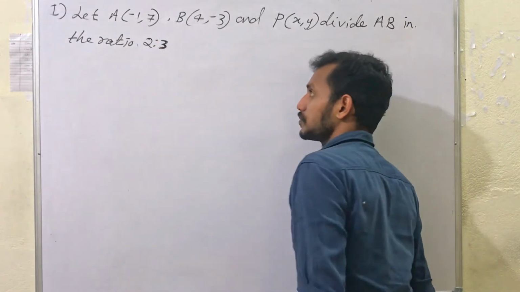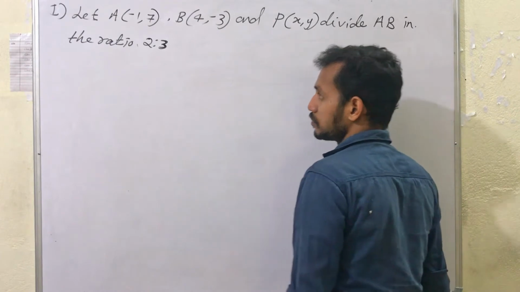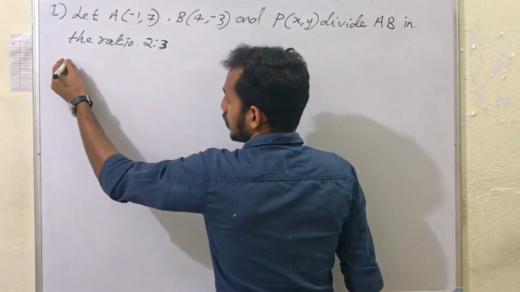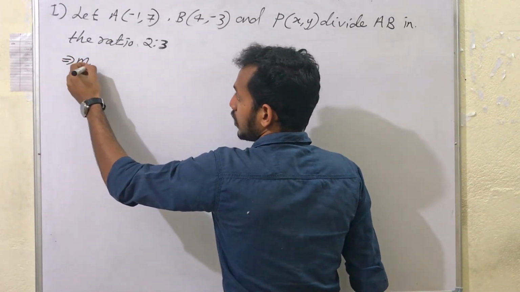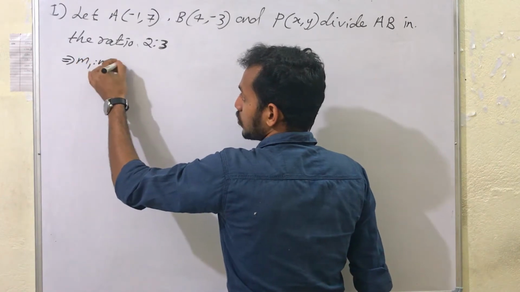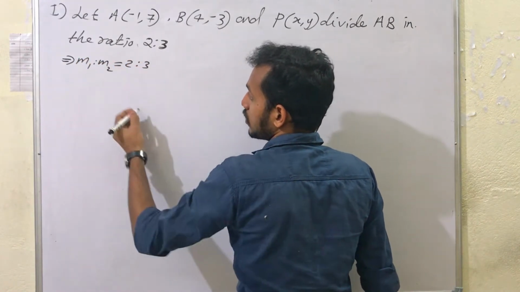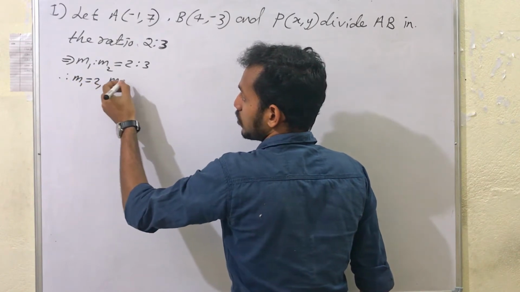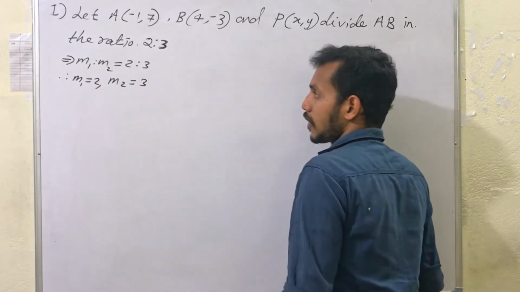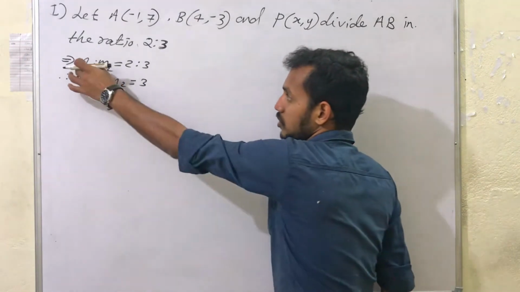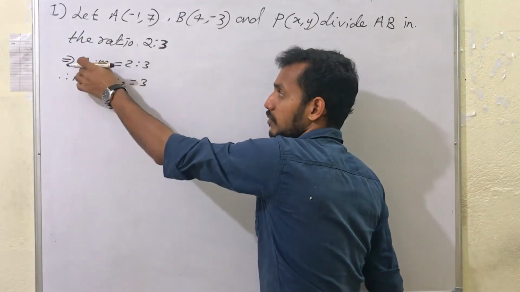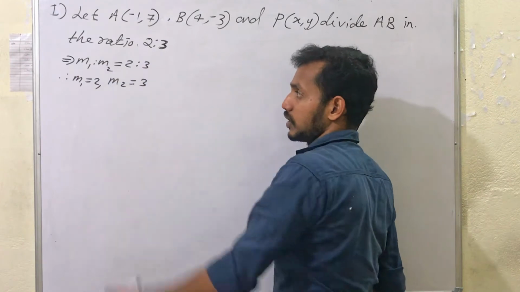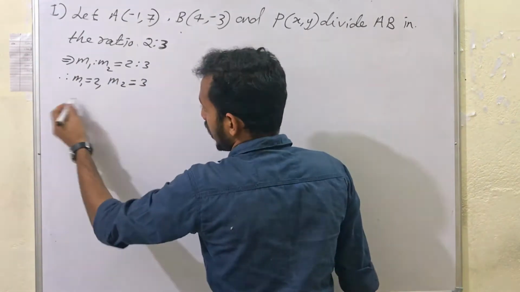This is given. Okay, so that implies M1 is to M2 is equal to 2:3. Therefore, M1 is equal to 2 and M2 is equal to 3. Clear? So what are the variables we have?